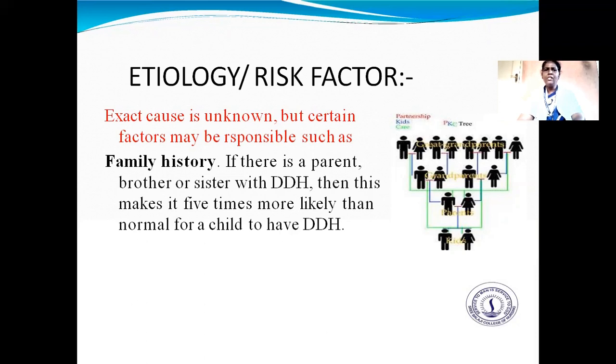If there is a parent, brother, or sister with developmental dysplasia of hip, DDH, then this makes it 5 times more likely than normal for a child to have developmental dysplasia of hip.